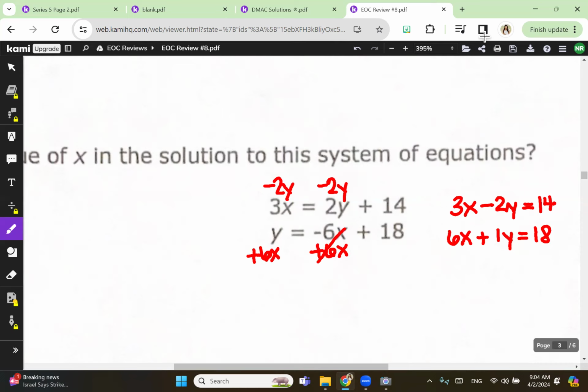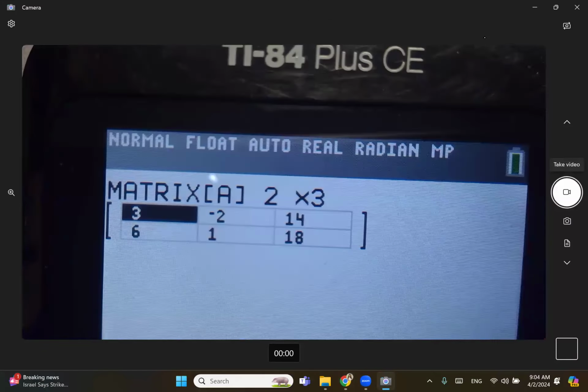All right, matrix again. Now it will give you crazy decimals.